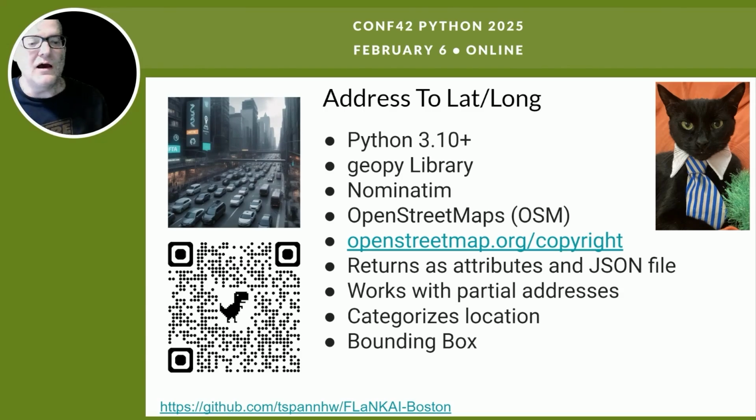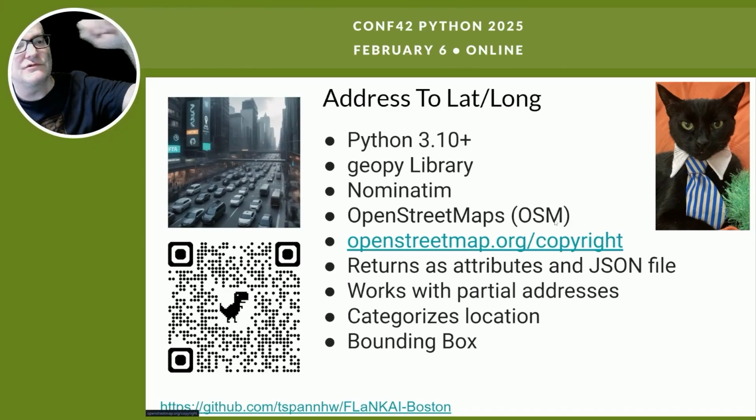Now, I played around with 4 or 5 different libraries, and among the free ones, this is probably the best. It'll get you pretty close if you need a full address. This is not a bad thing if you don't know exactly where you are, and you can't grab that from something else. This is nice.